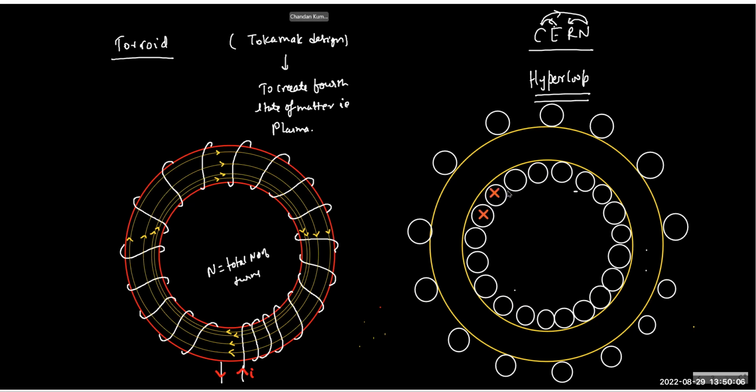So the current is entering like this, and it is coming out of this, right?